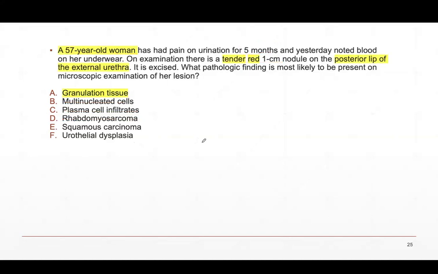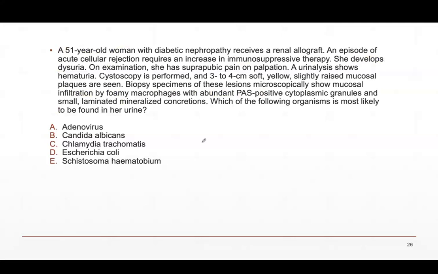Okay, amazing. You guys are doing really well, mashallah. Okay, here you have a 51-year-old woman with diabetic nephropathy. She received a renal allograft. An episode of acute cellular rejection requires an increase in immunosuppressive therapy. And so then she develops dysuria. On examination, she has suprapubic pain on palpation, and a urine analysis shows hematuria.